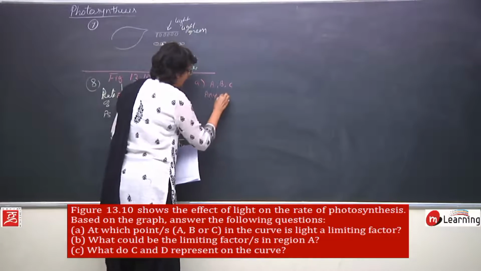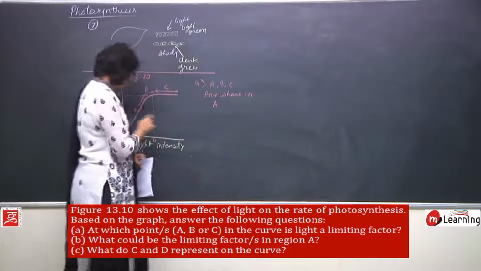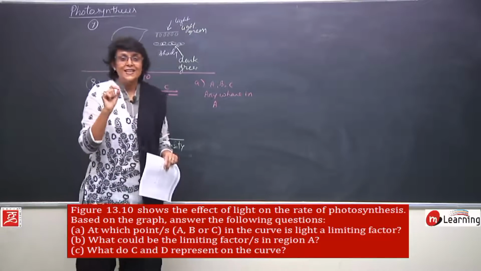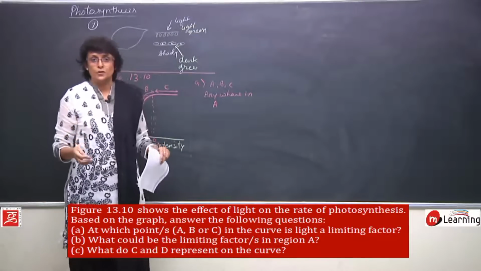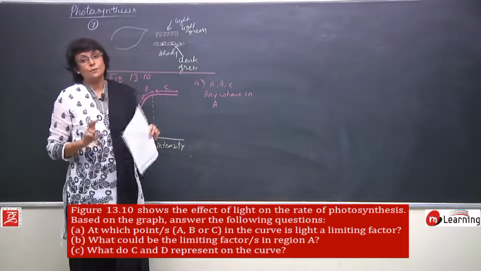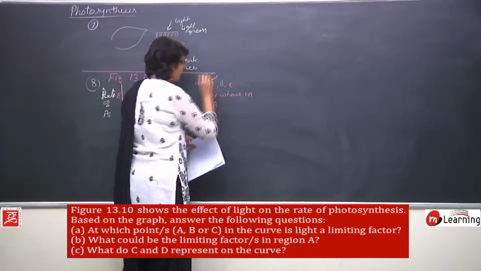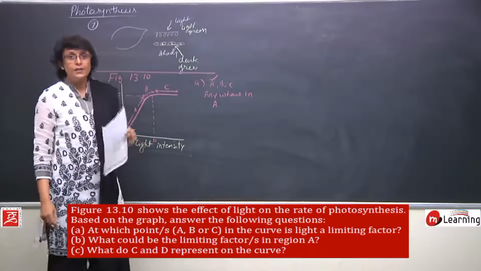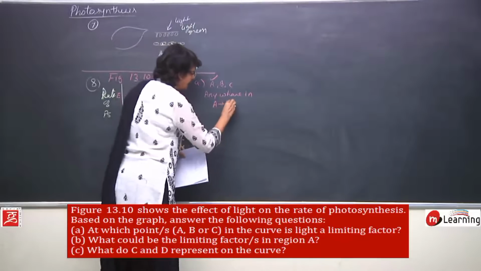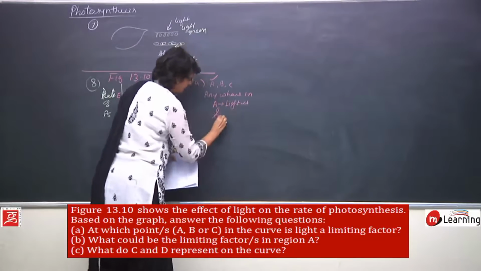A is this entire band. In this band, because light is regulating the rate of photosynthesis, assuming that all other factors are available in sufficient quantity, anywhere in A we can say that light is the limiting factor.